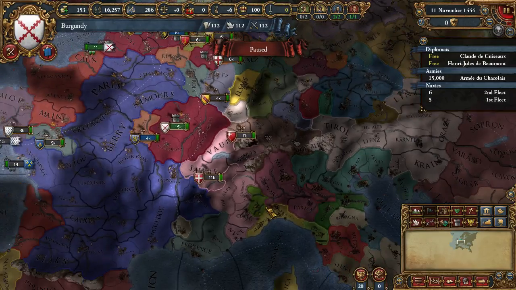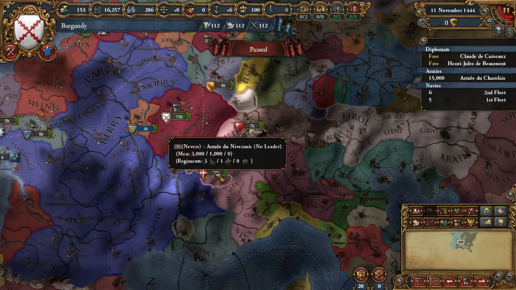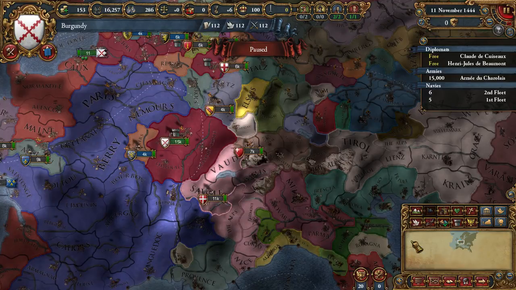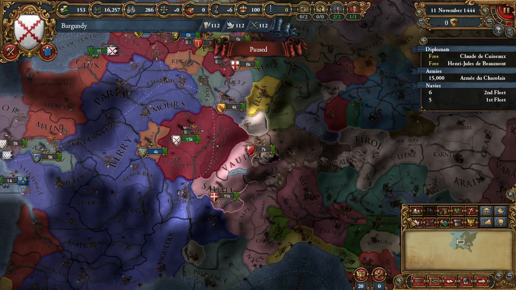And from now on we will speak about the Duchy of Burgundy and the Kingdom of Burgundy. These are, if it can be said so, two different Burgundies.